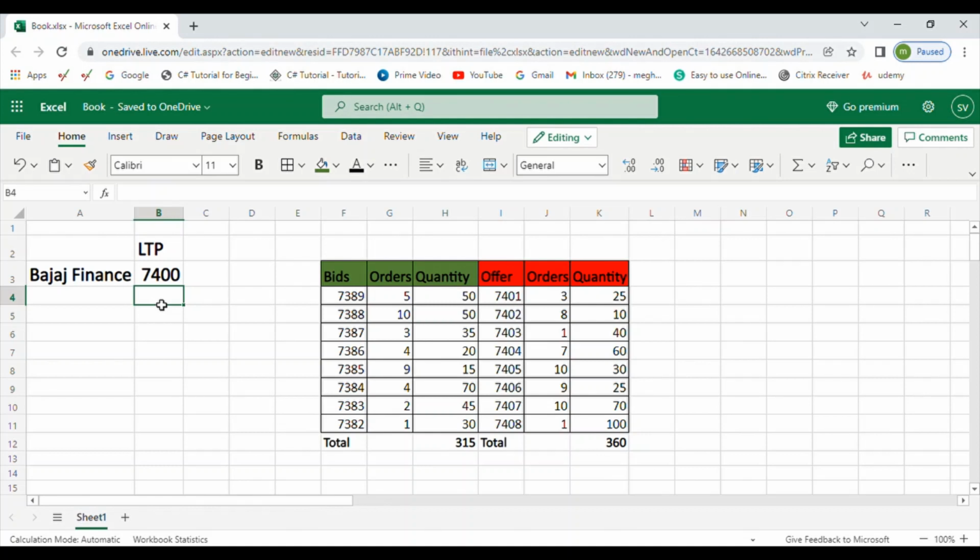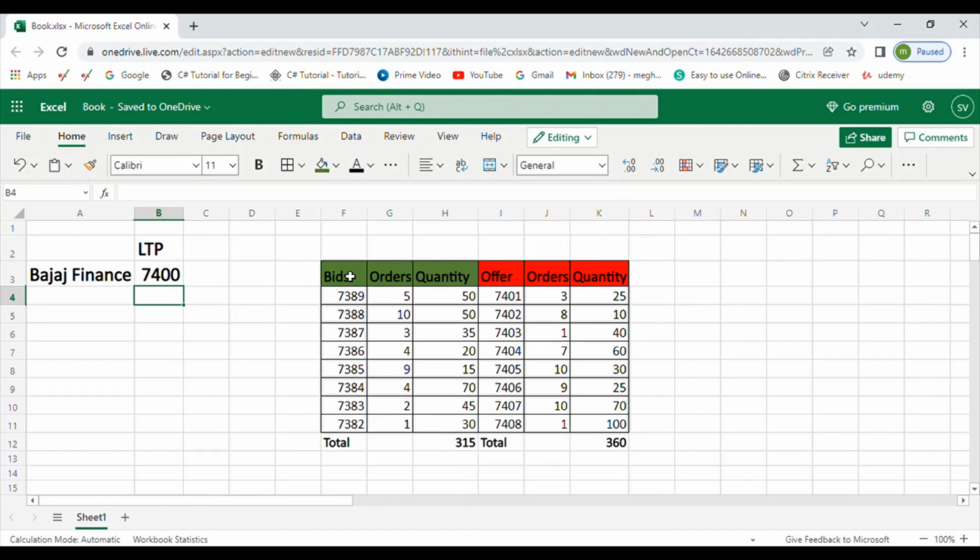Usually what happens for any share price, if you go to market depth, you will find a list of bids present and also the list of offer prices present. And for understanding purpose, I have taken some random prices here, and random order numbers, and random quantity here.